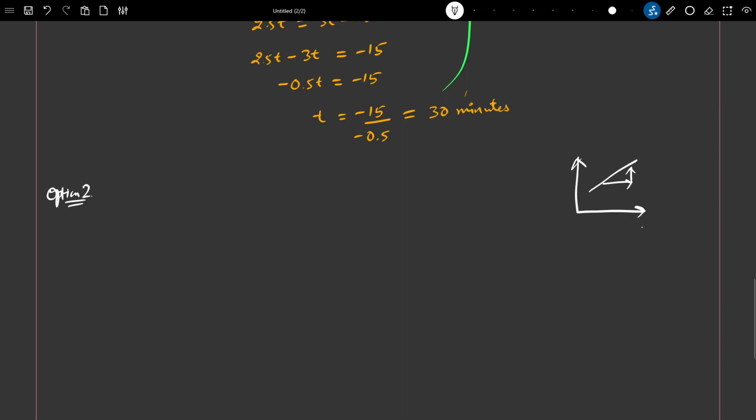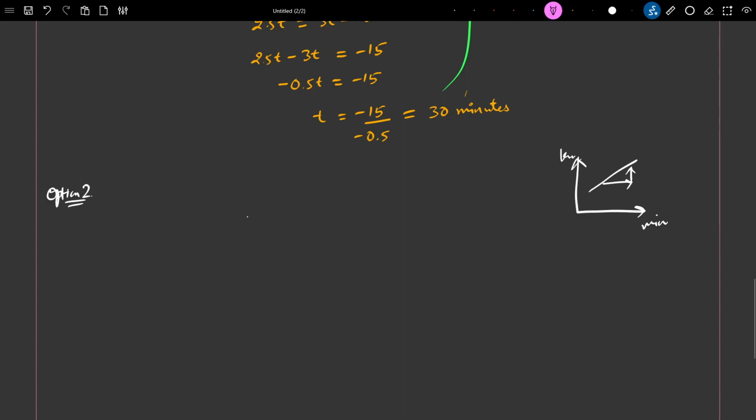So since we have minutes and kilometers, we'll use our per minute distance traveled as a plot, and we'll plot two lines, and then we'll see how this will help us to determine it.